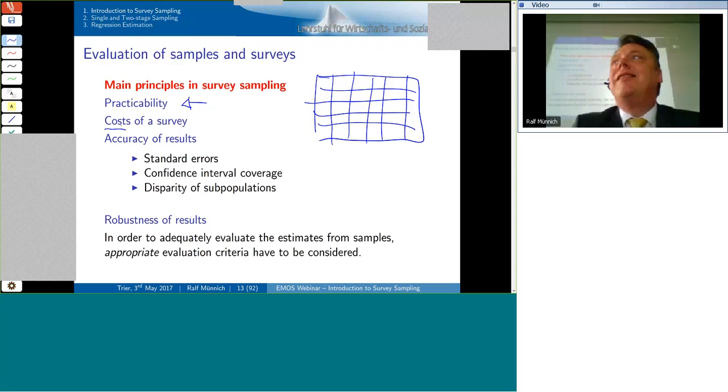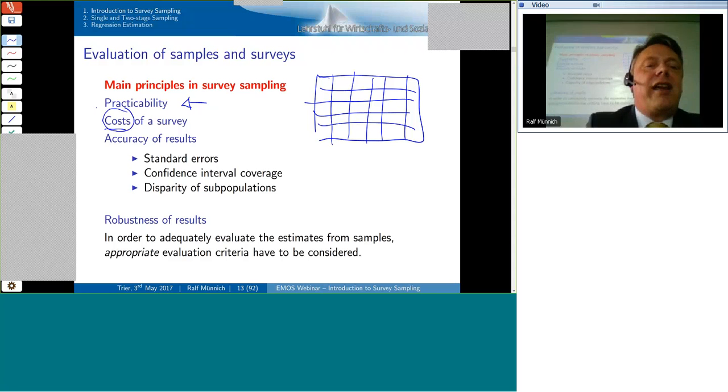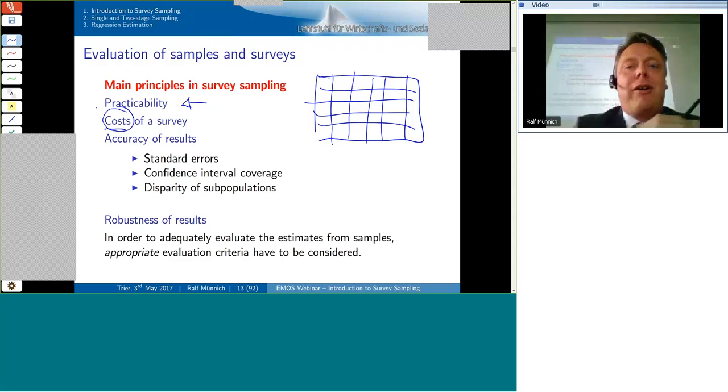Of course, as a mathematical statistician, I say, well, we need efficient samples. The accuracy must be very good, and not everything can be just the most sophisticated estimator. But this certainly means raising the costs, and they have to be put somehow in a range which you can sell to your politicians who have to be responsible for the budget.